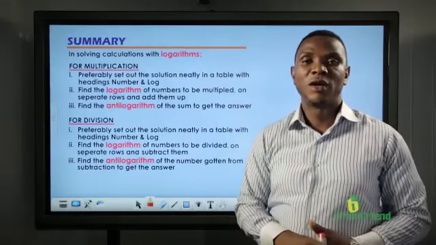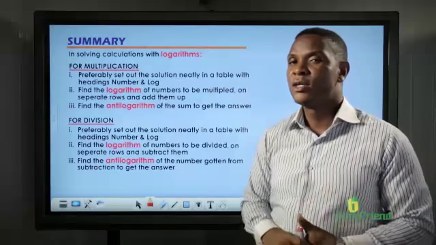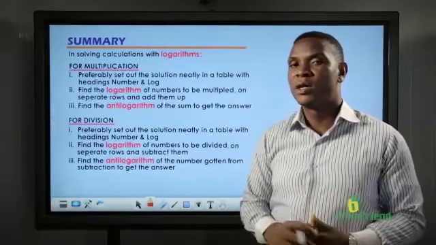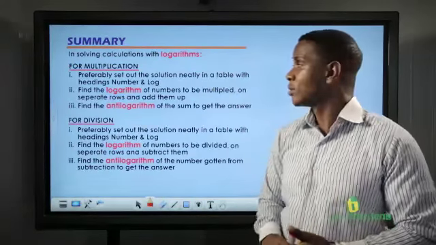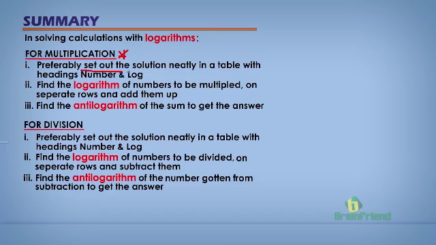We've come to the end of our class. Let's see if we can recount some of the points that we made along the course of our solutions. We said that in solving calculations using logarithms, for cases where we have multiplication, first, set out your solution neatly in a table that has headings number and log.